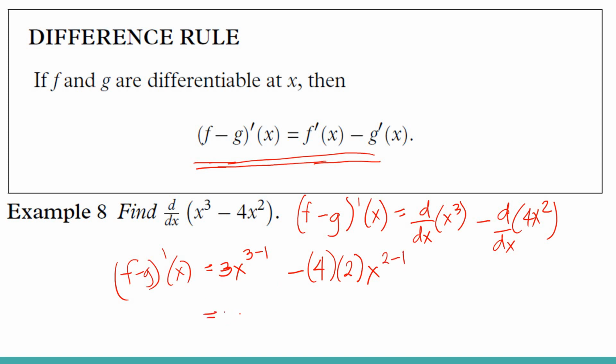So this will become 3x squared minus 8, because 4 times 2 is 8, times x. This is 2 minus 1, so x will be the remaining variable. So this is the derivative: 3x squared minus 8x.